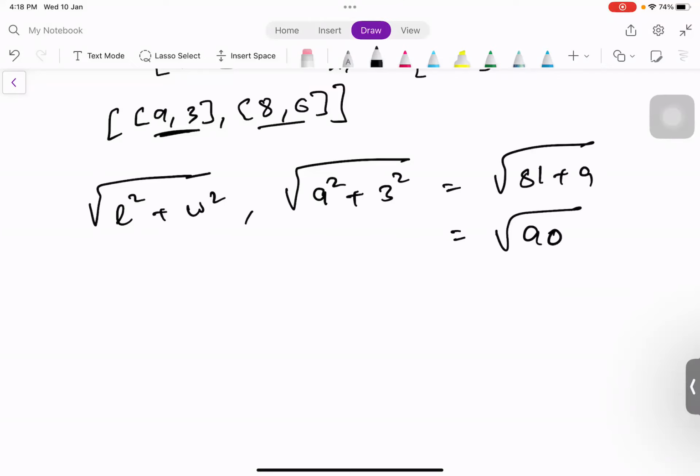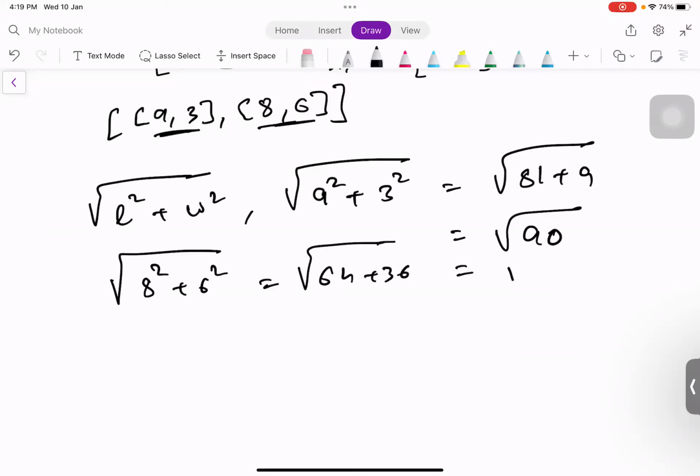For the second, it will be root of 8 squared plus 6 squared, which is 64 plus 36, which is root 100.